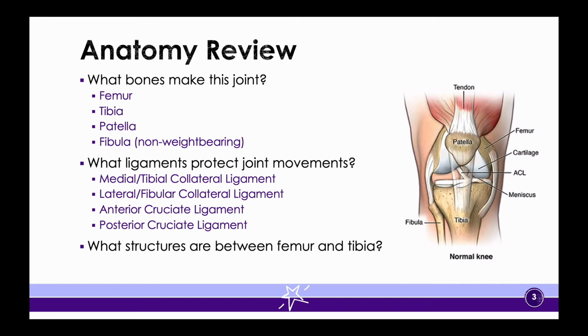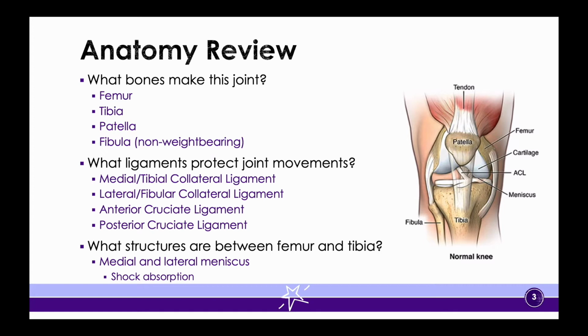As far as what's between the femur and the tibia, these are our articulating bones, and in between there you will find the medial and lateral meniscus. These mainly act as shock absorption for our body. So instead of just having bone on bone, we have that cushioned surface.